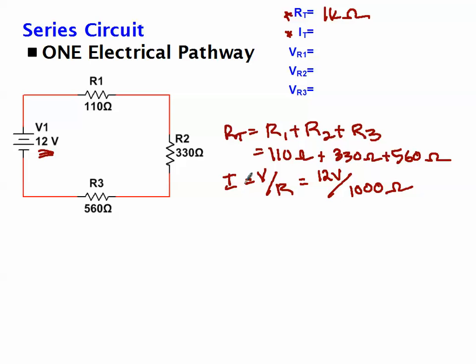Remember, we're calculating total current, so we use total voltage, and I could put a little t there if I wanted to be a little bit more descriptive, and total resistance. 12 volts divided by 1,000 ohms is 0.012 amps, or 12 milliamps. So our final answer for total current is 12 milliamps.